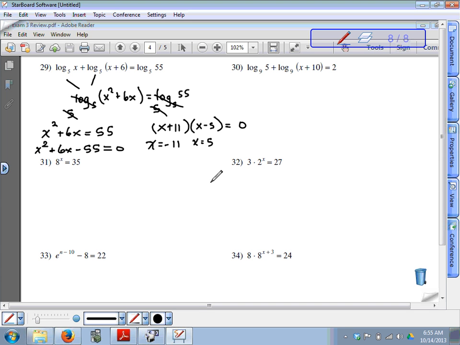Now, we need to consider the domain of logarithms. It is impossible to take the logarithm of a negative number. If we tried to check our solution x equals negative 11 in this logarithm or in this logarithm, you'd end up with an undefined expression. You can't take a logarithm of a negative number, so x equals negative 11 is extraneous, and the solution is x equals 5.